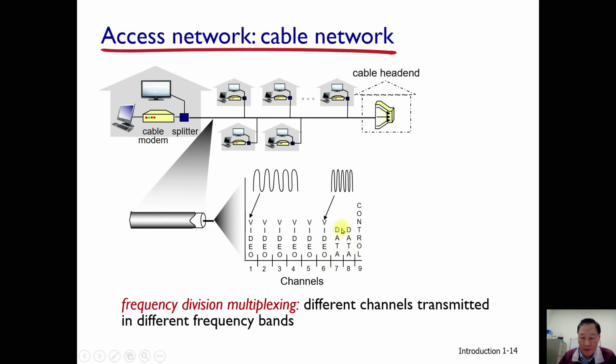Also, in different frequency ranges, the data and control signals are being transmitted. Even though we are using a single coaxial cable line, in terms of frequency, we can use many different channels if we divide that frequency range into these small pieces.